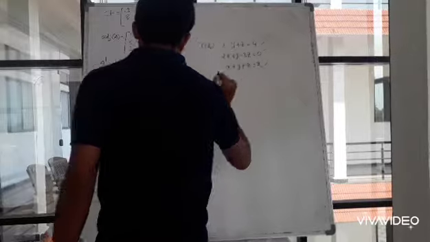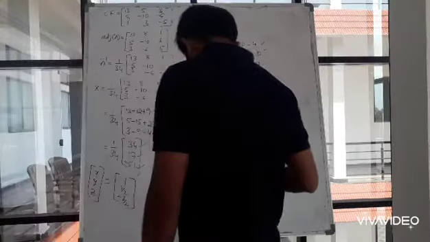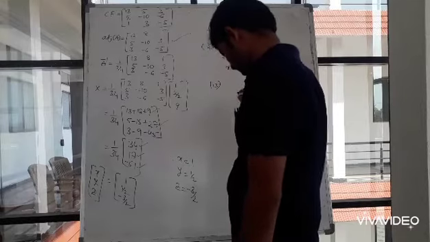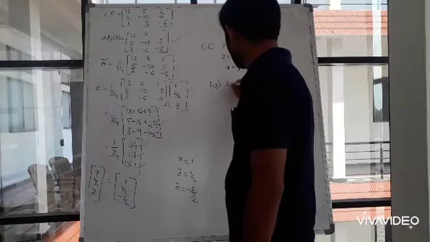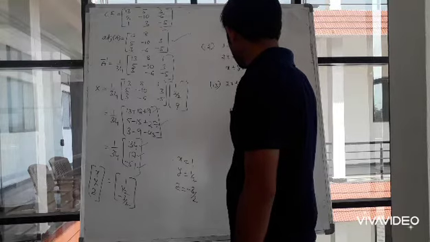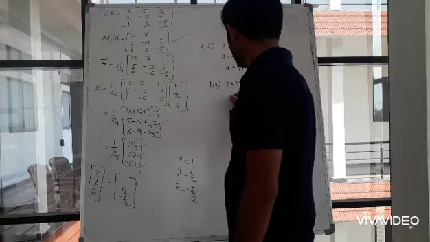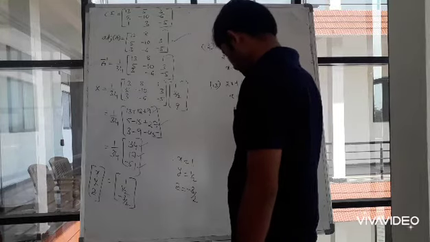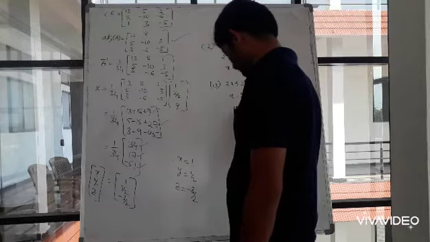Okay, that's all. Next one, 13th example. 2x plus 3y plus 3z is equal to 5. x minus 2y plus z is equal to minus 4. 3x minus y minus 2z is equal to 3.